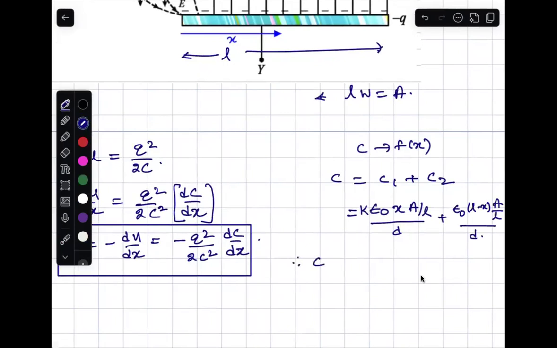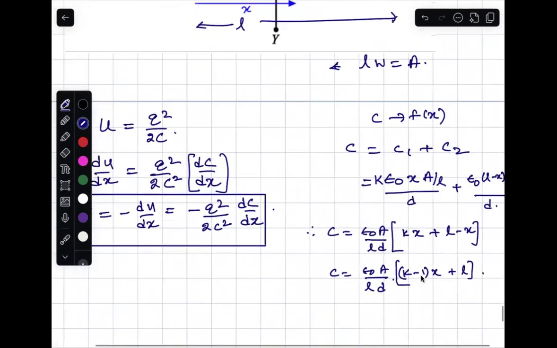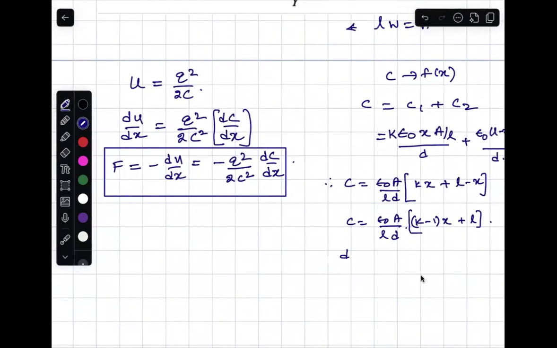So finally C is epsilon naught A by LD common, Kx plus L minus X. So C is epsilon naught A by LD times K minus 1 x plus L. Now, what is dC by dx?